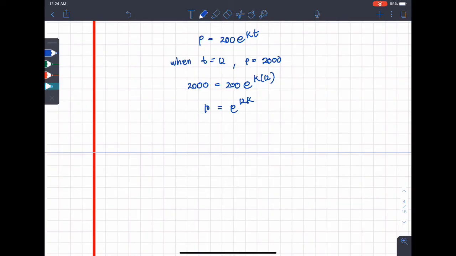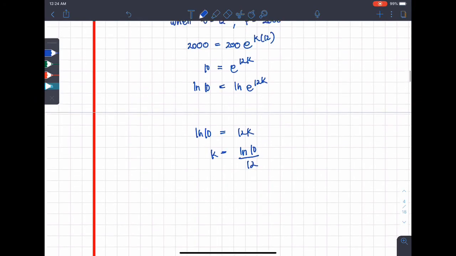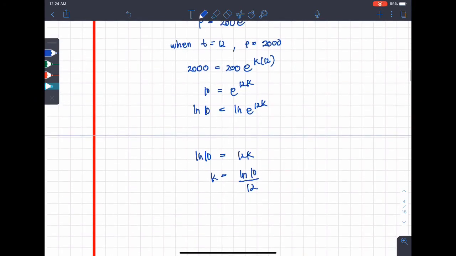Again, we need to find K, so take the logarithm of both sides. ln 10 equals ln e raised to 12k, giving ln 10 equal to 12k. K is equal to ln 10 over 12, yielding a new equation P equals 200 e raised to t ln 10 over 12.